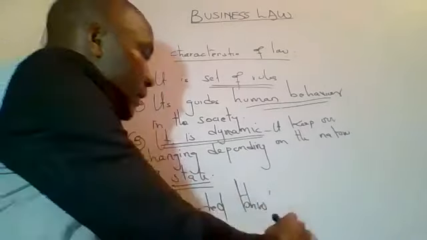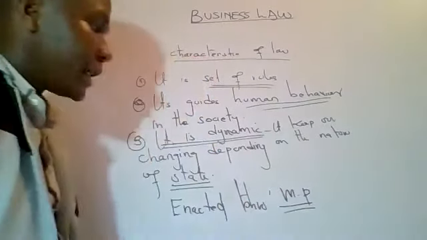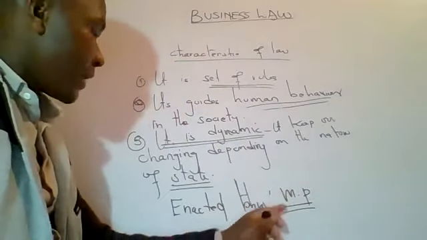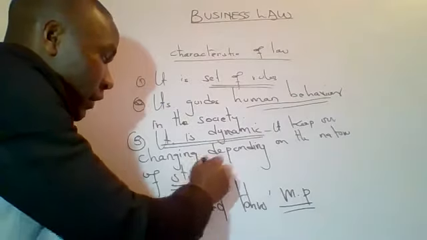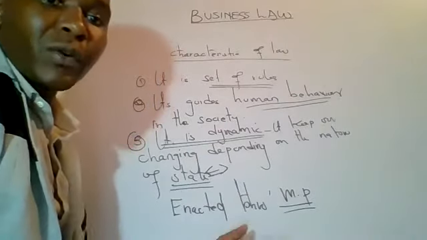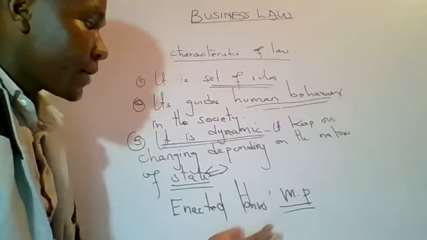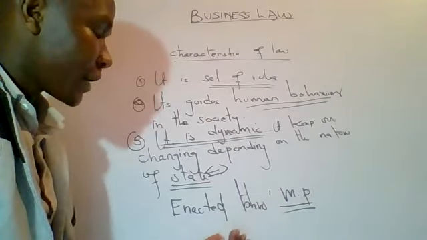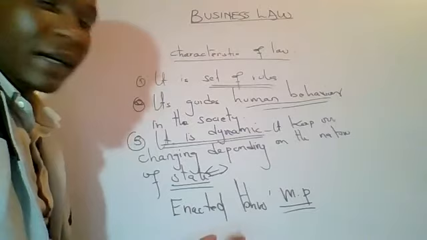So once the ruling party has changed, like today we are being ruled by the Jubilee party, in the coming election it might be ruled by another party.